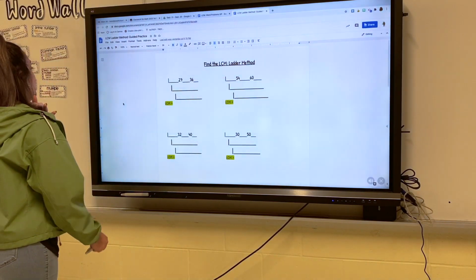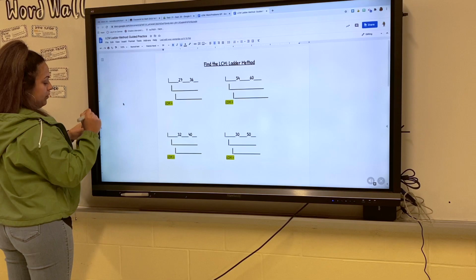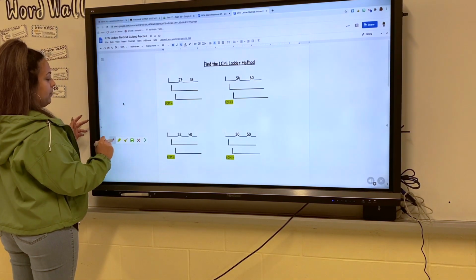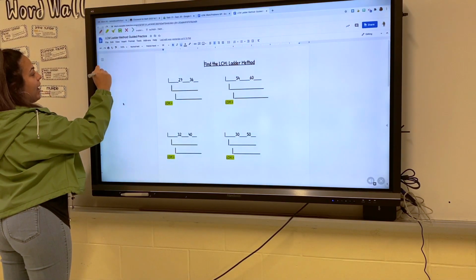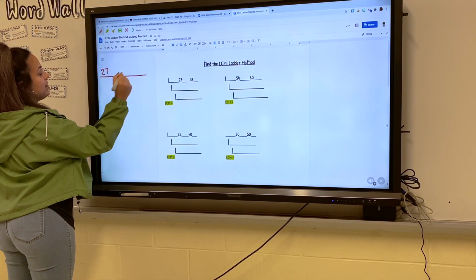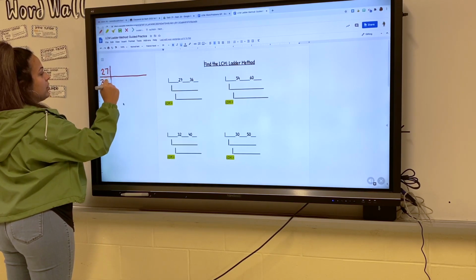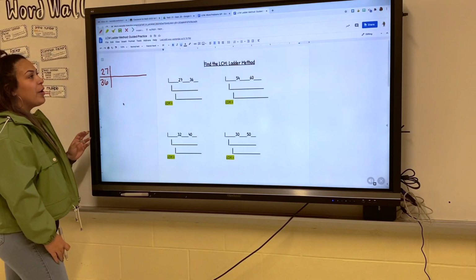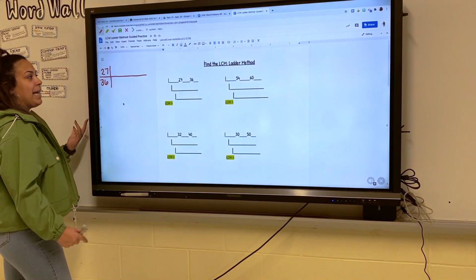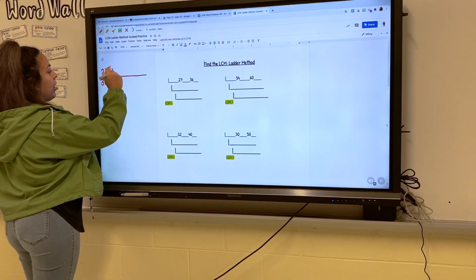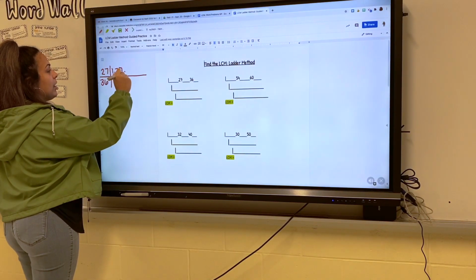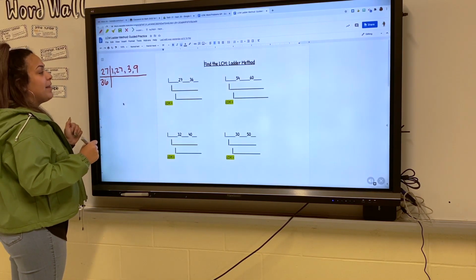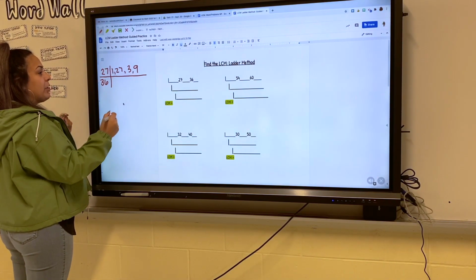So I'm going to go to the side, and I'm going to make a fact table so I can figure out a factor to put on the outside. So I know the numbers that can be multiplied together to give me 27 are 1 and 27 and 3 and 9. And that's it. So now I'm going to do 36.